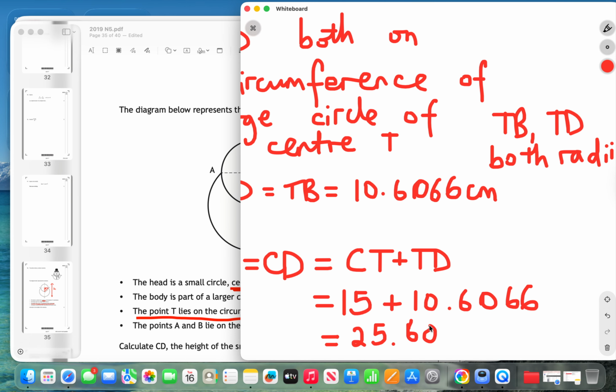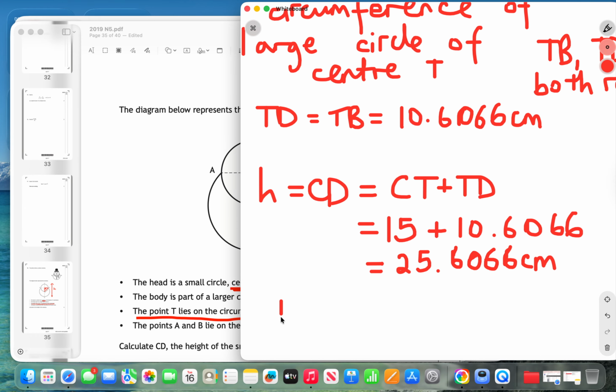And we get 25.6066. And the units are centimetres, linear units, because we have a height.